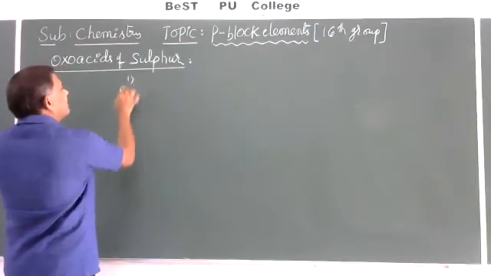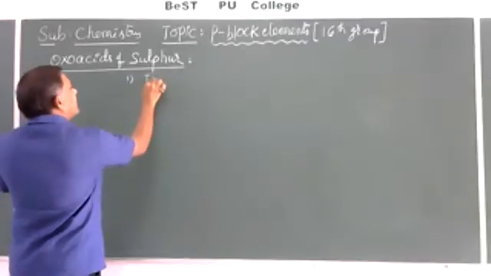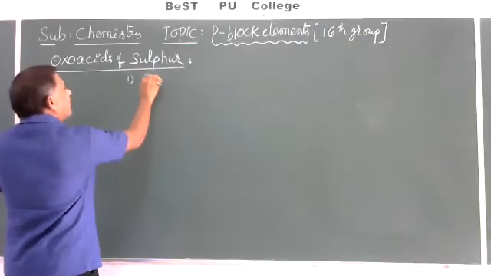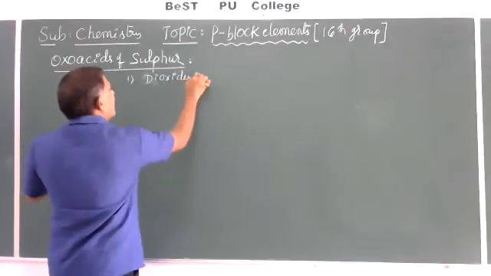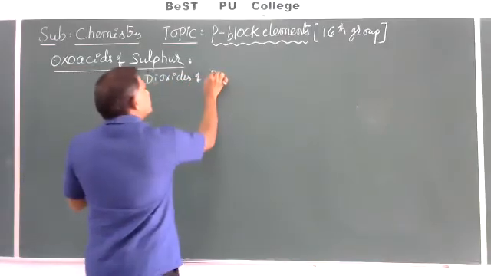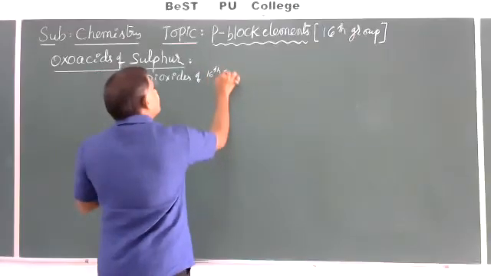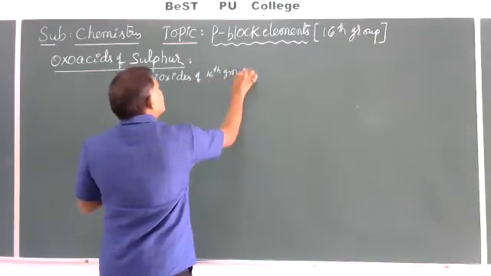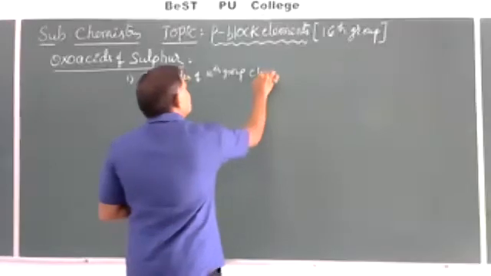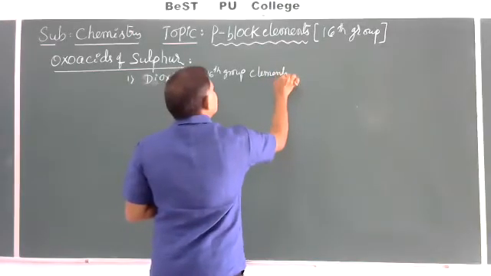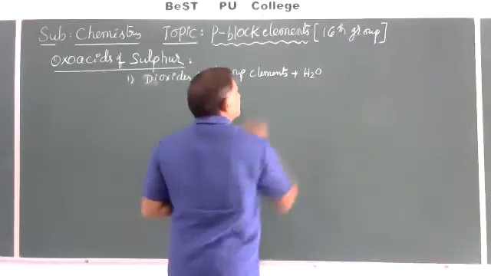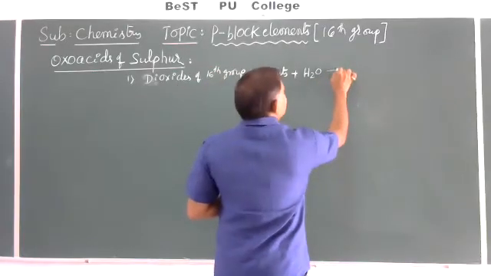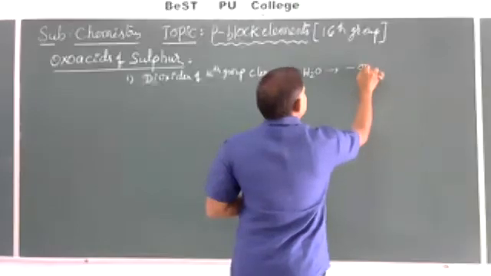So in oxo acids of sulfur, the first point is dioxides of 16th group elements dissolved in water H2O give us ous acids.